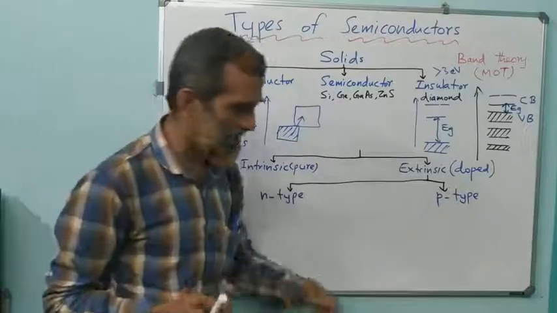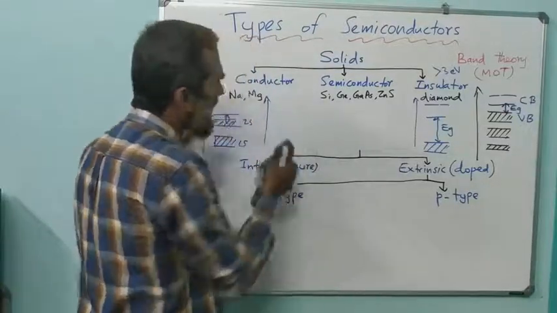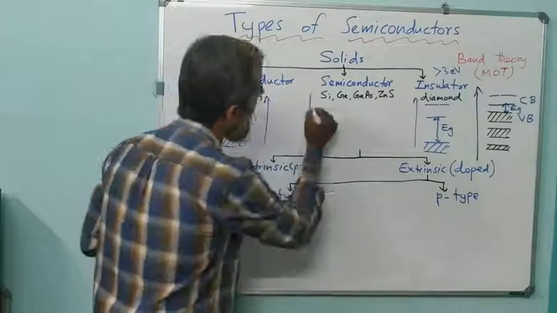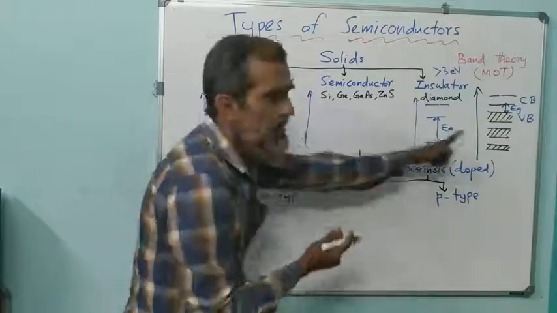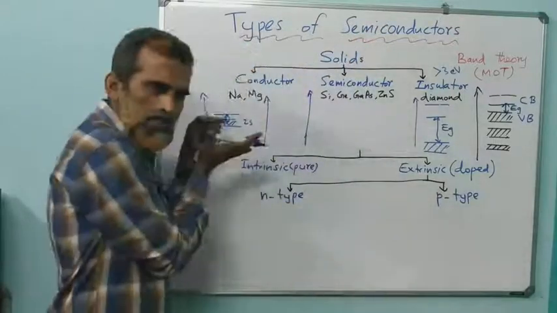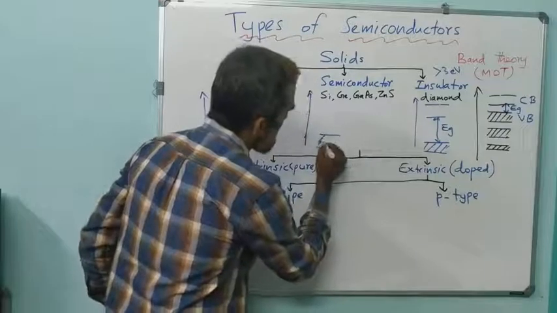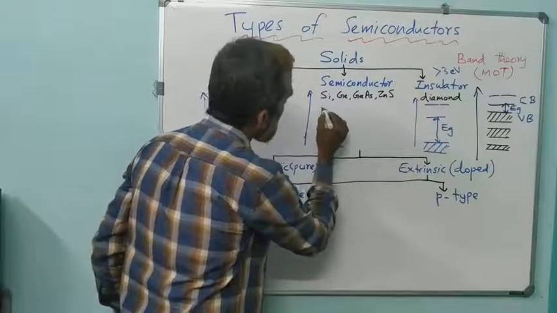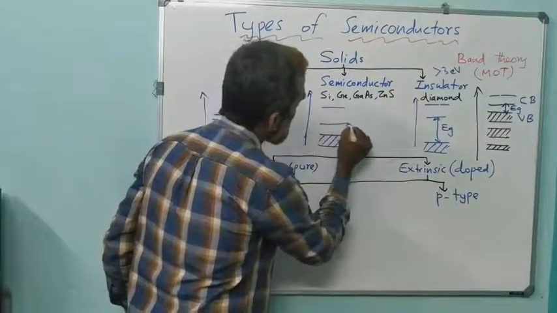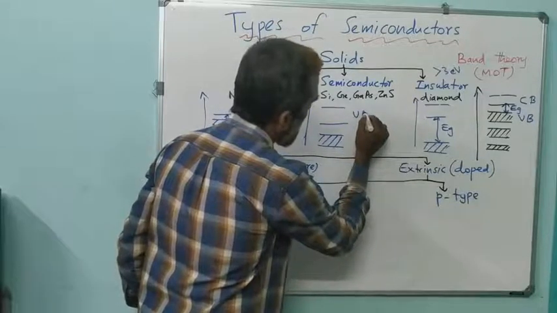Coming to semiconductors, that is important for our discussion. In the case of a semiconductor, it is in between. Here the energy gap is very large, here it is negligible, and here the energy gap is small. Suppose this is the conduction band, and this is the valence band.